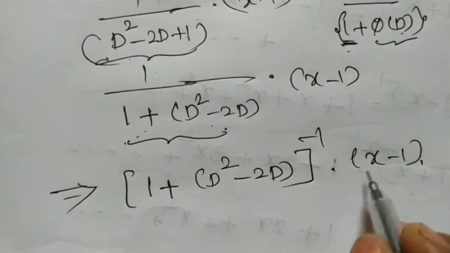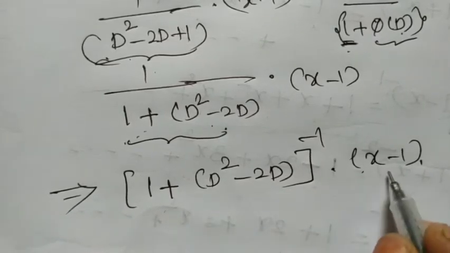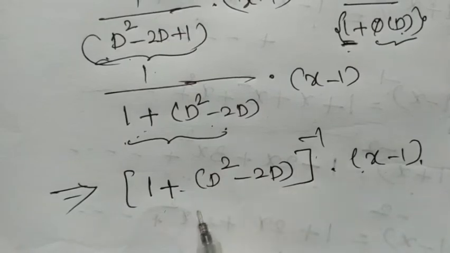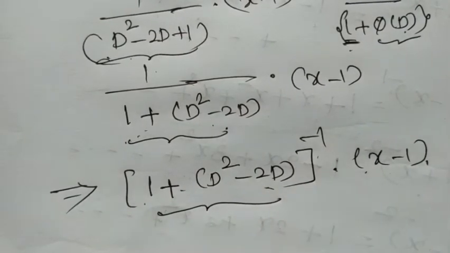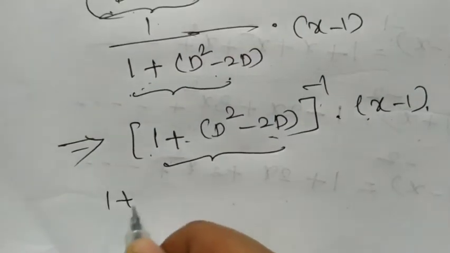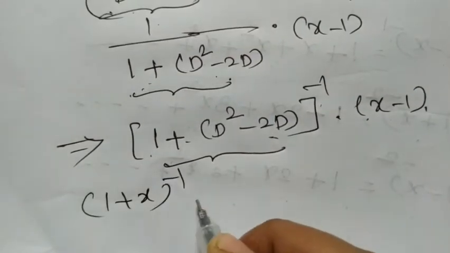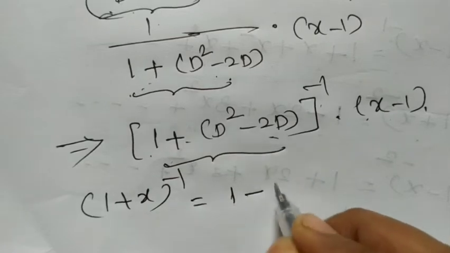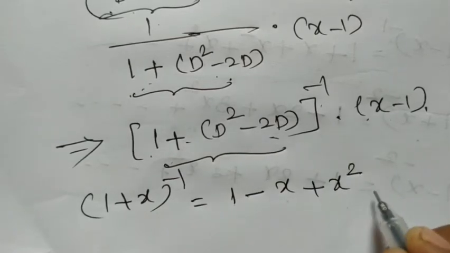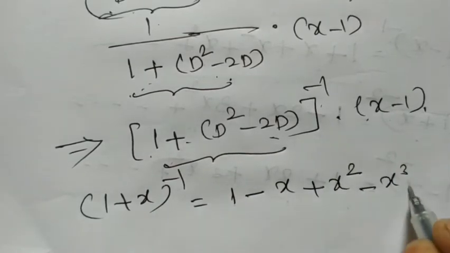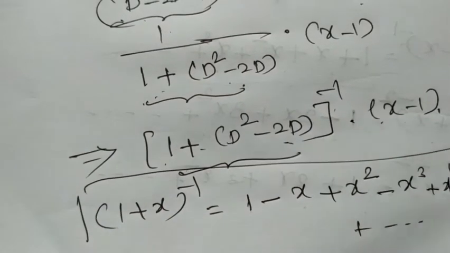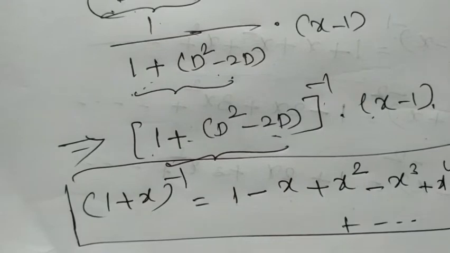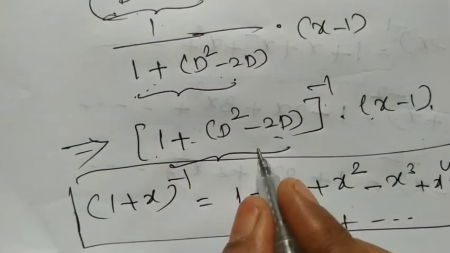So multiplying this by x minus 1, by using the formula. What is the formula? That is the (1 plus x) whole power minus 1 formula: 1 minus x plus x square minus x cube plus x power 4 plus and so on. Here we expand this equation by using this formula.